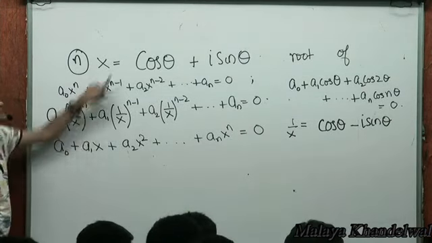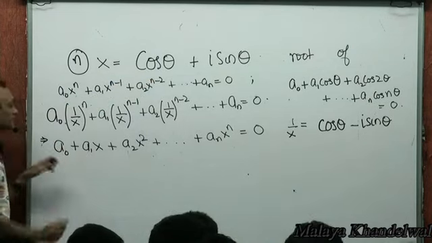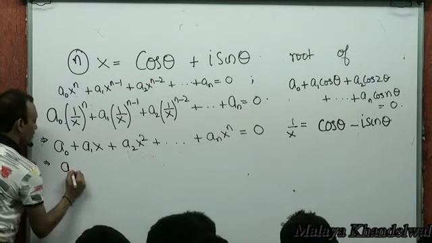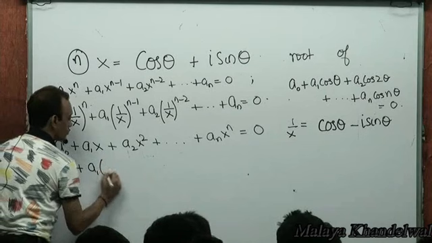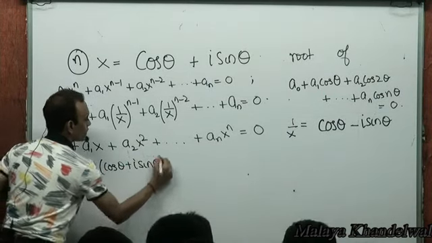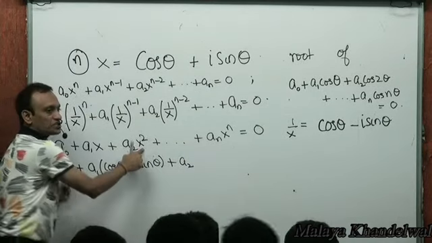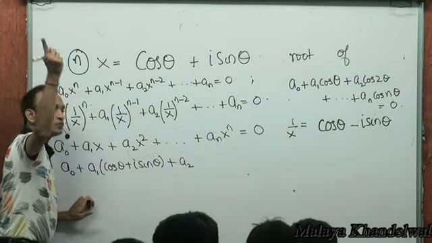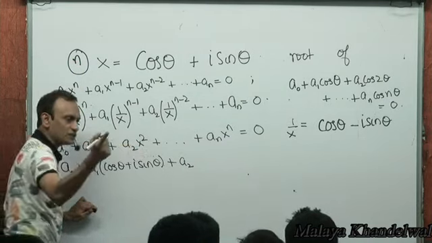Now you can plug in x equal to cos theta plus i sin theta. So which means a0 plus a1 (cos theta plus i sin theta) plus a2 (cos theta plus i sin theta) whole squared, which will be cos 2 theta plus i sin 2 theta.